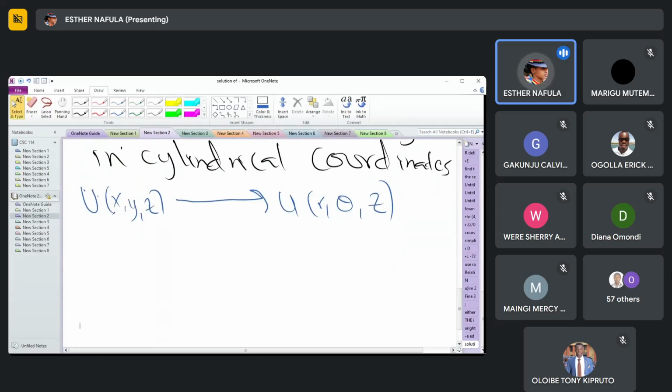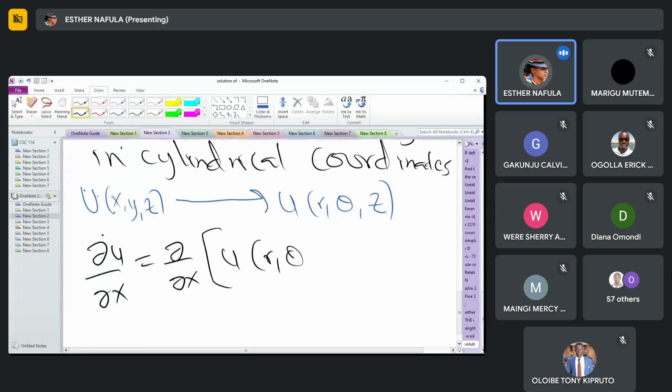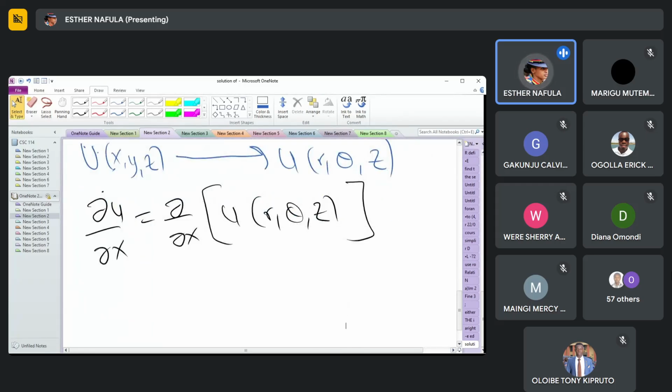U is a function of 3 variables, so to obtain the partial derivatives, we will use chain rule 3 times. We start with partial u, partial x will be partial x of u, which is a function of r, theta, and z. You can always check on my speed.